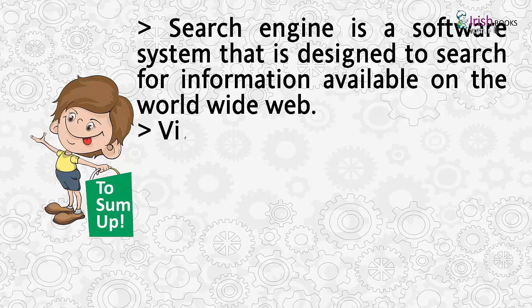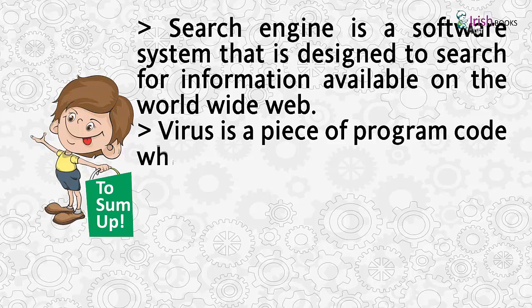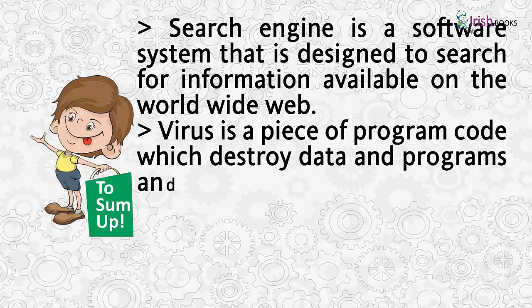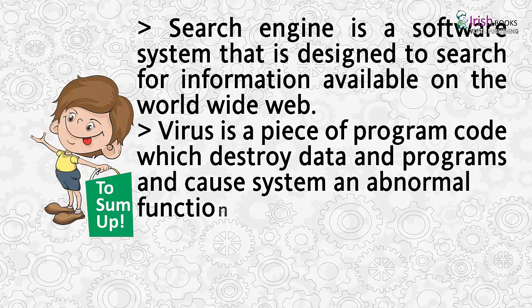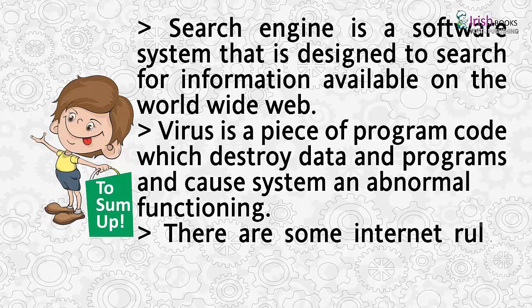Search engine is a software system that is designed to search for information available on the World Wide Web. Virus is a piece of program code which destroys data and programs and causes system abnormal functioning. There are some internet rules which need to be followed.